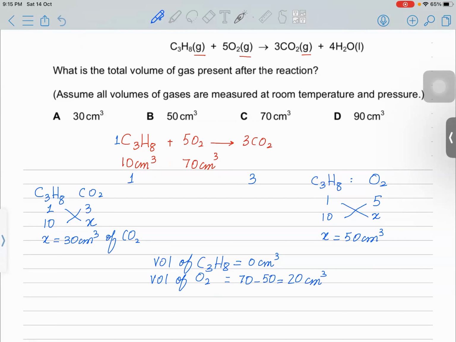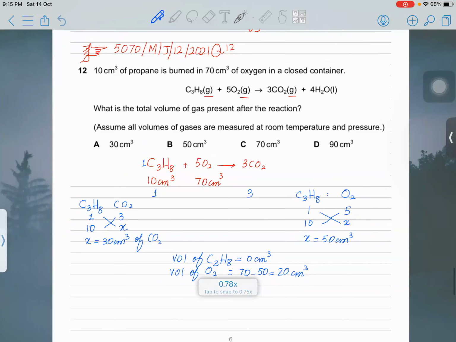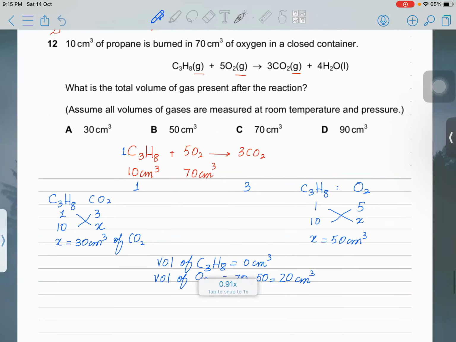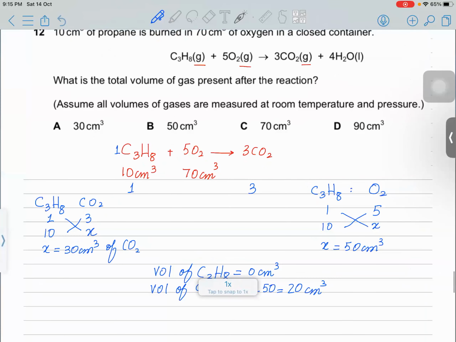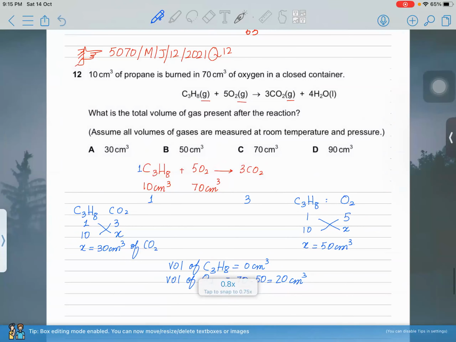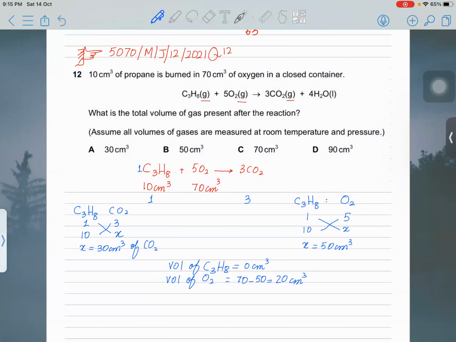Sir, can you go up because we can't see the whole question. Okay. Oxygen total volume is 70. So the remaining volume after the completion of the reaction is 20 cm cube. Now tell me the volume of carbon dioxide produced. 30 cm cube.